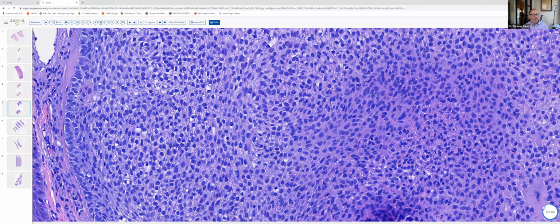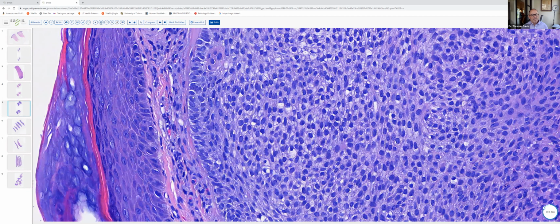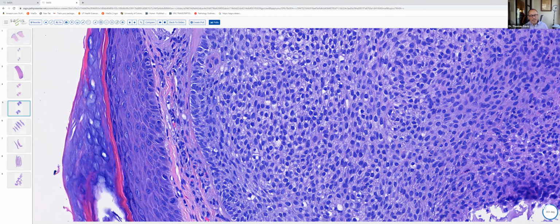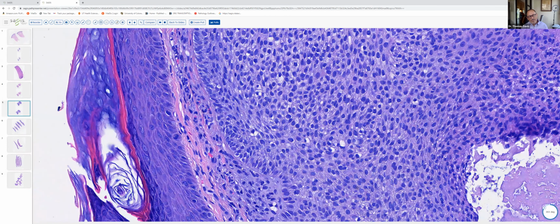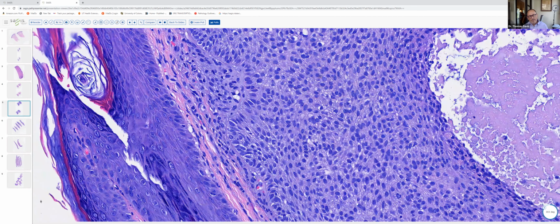If we look out at the periphery of the lobules, the junction between the lobules and the dermis, we can see that the cells out at the periphery have more of a cuboidal to columnar appearance. They definitely are palisaded, and many of these are situated on a thin basal lamina, which is easier to see in some areas than others, but the epithelial cells are sitting on this basal lamina.